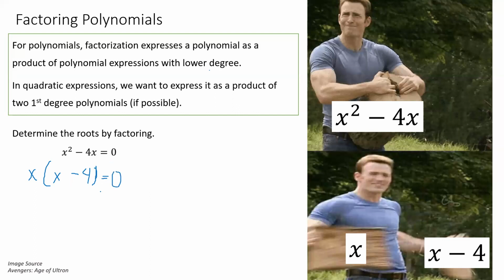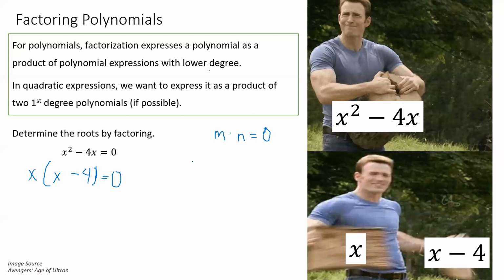Okay, so how will we find the roots? Let's take a side note here. If we multiply two numbers, let's say m and n, together and their product is 0, that means at least one of them is 0, right? Can we think of two non-zero numbers whose product is 0? I don't think so.